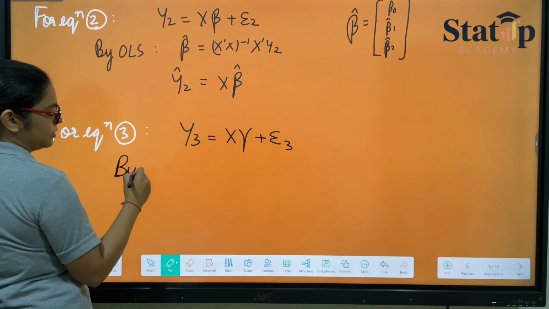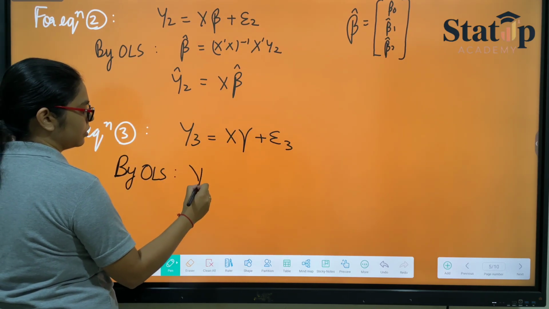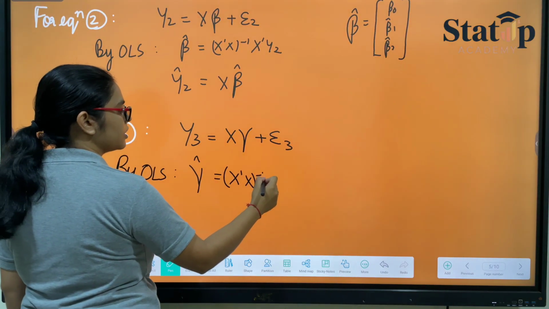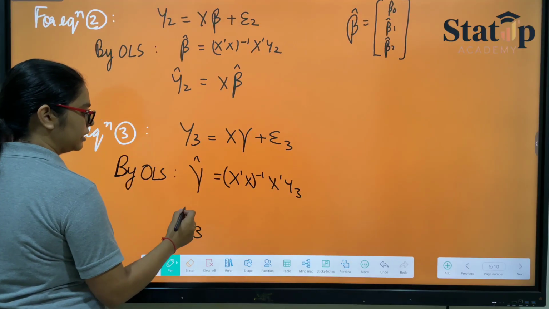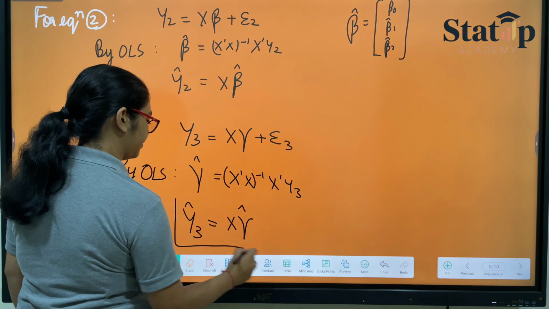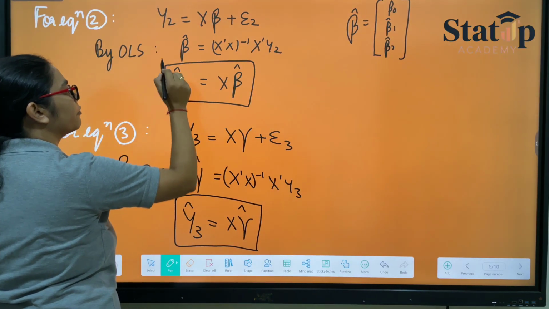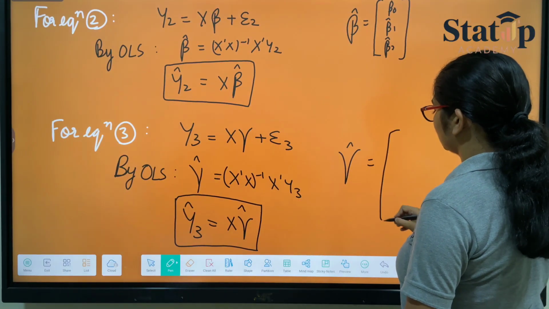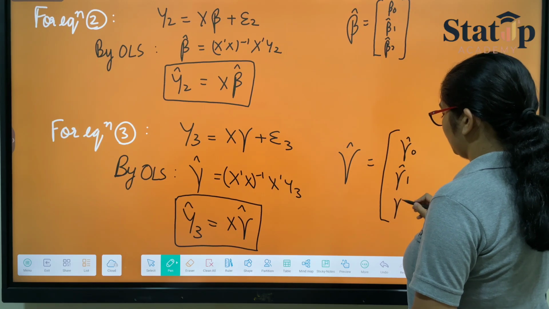Again by OLS, gamma cap equals x dash x inverse x dash y3, and the y3 predicted value is x gamma cap, where gamma cap is nothing but gamma naught cap, gamma 1 cap, gamma 2 cap.